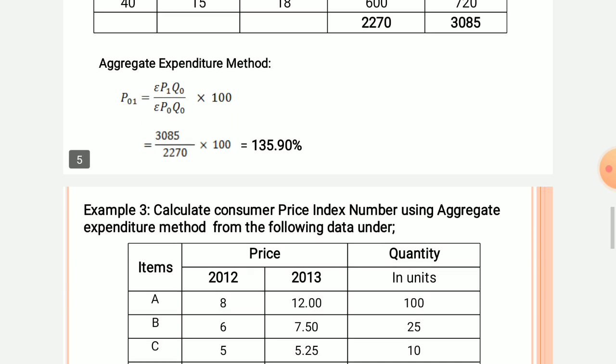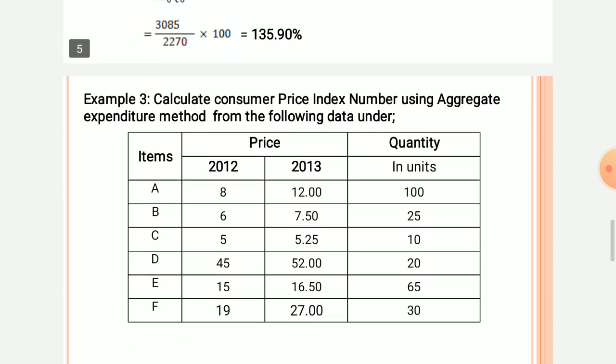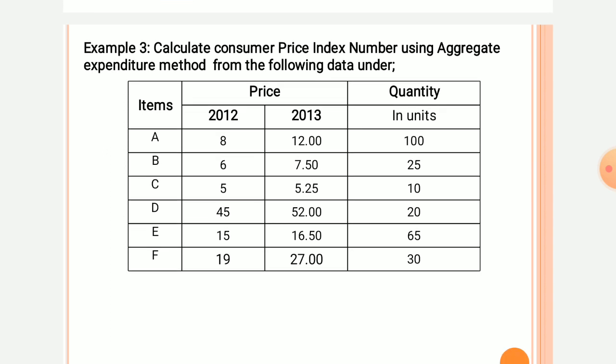And now take another problem. Calculate the consumer price index number using the aggregate expenditure method from the following data.